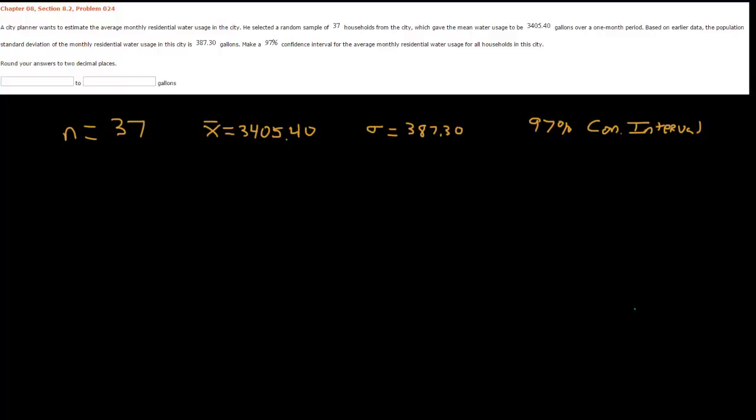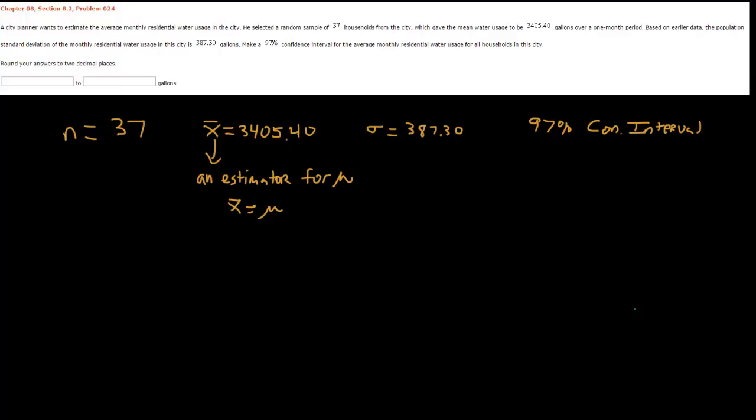So x bar is what's called an estimator for mu. So x bar equals mu. Now we know it's not going to be exactly mu, but it's an estimate.